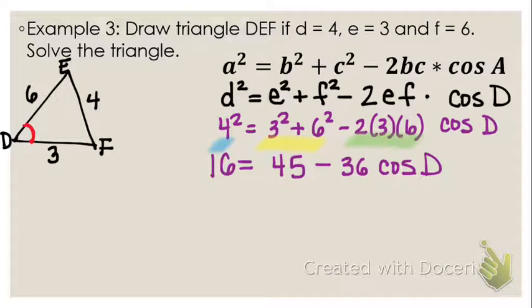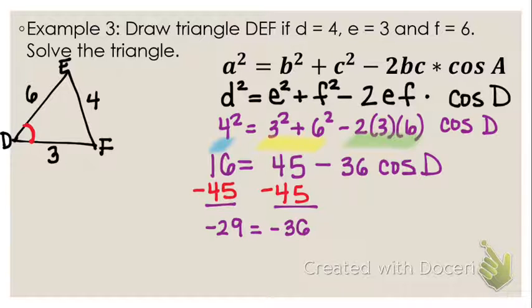We have to subtract the 45 from 16 and then divide by negative 36. So 16 minus 45 is negative 29. That equals negative 36 cosine angle D. And then we divide both sides by negative 36.